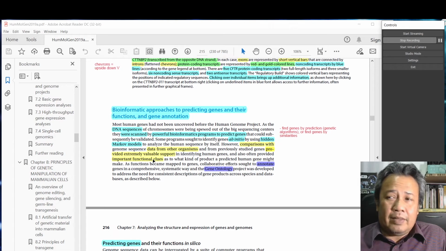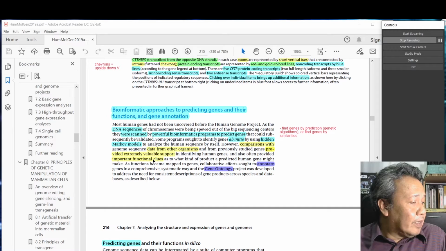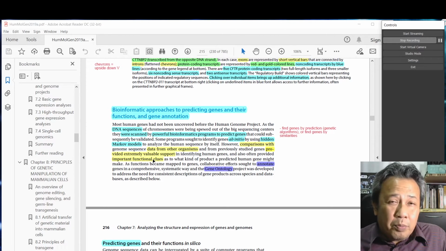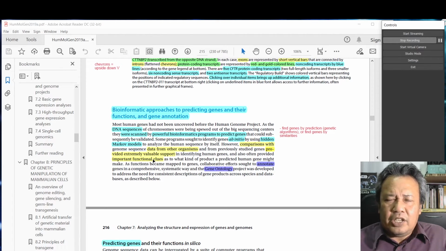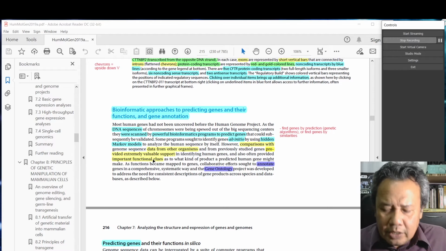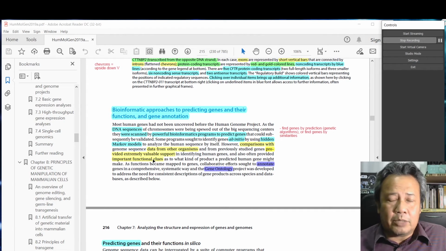So at that time, the strategy used to identify genes was based on several approaches, and the two biggest approaches are prediction based on certain characteristics.